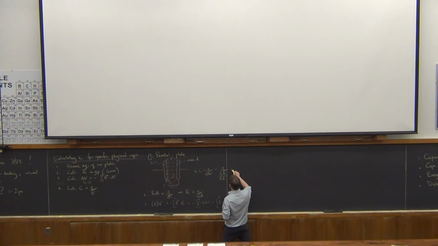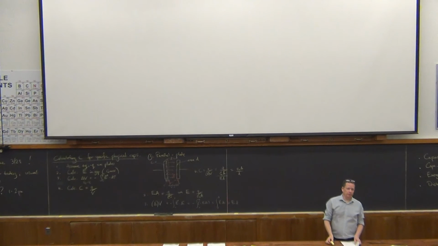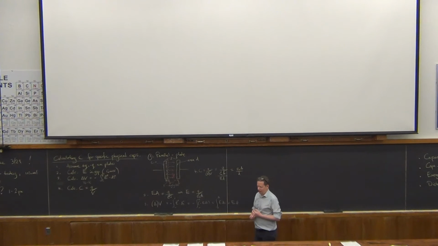And if you allow me to write it like this and clean it up, eventually I get this expression for the capacitance. Okay? So standard strategy: charge on the plates, if we don't know it, figure out the electric field, then figure out the potential difference going from one plate to the other, divide one by the other, and we've got the capacitance.